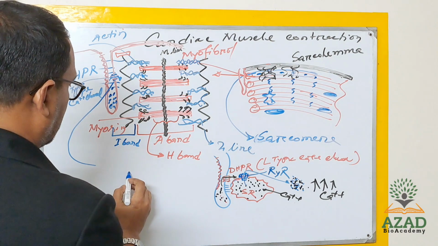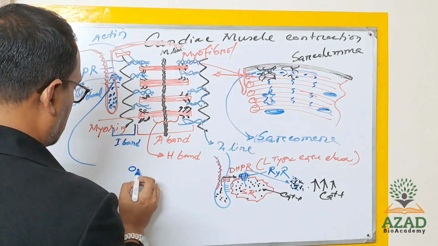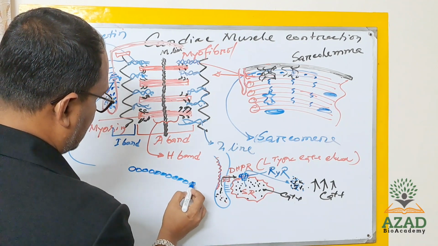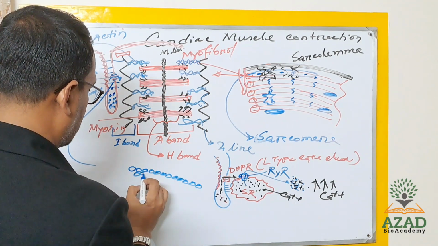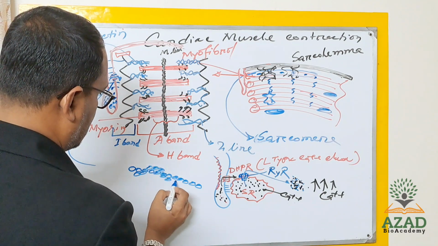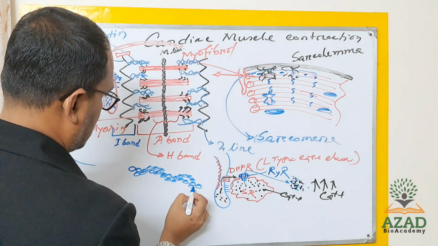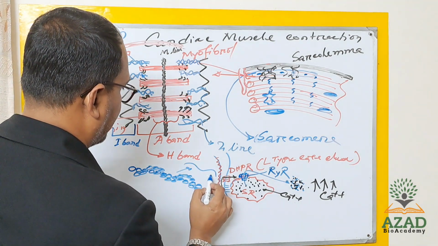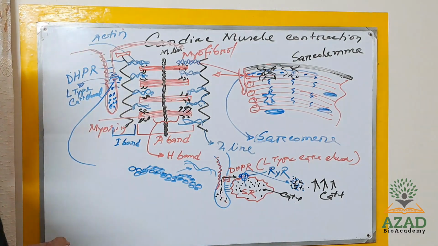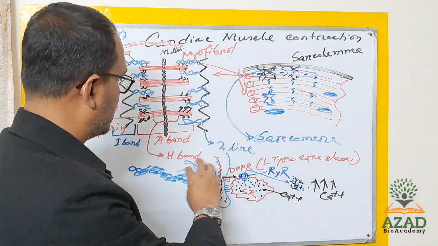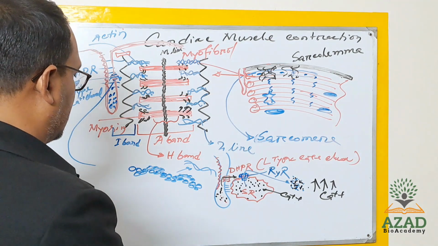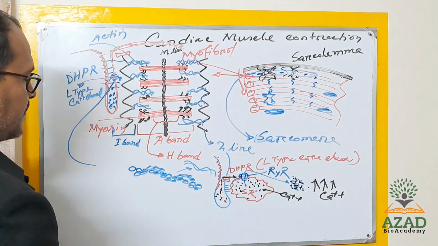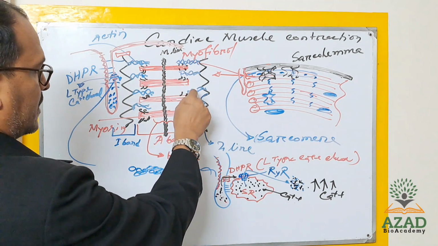Actin is basically composed of a double-strand helix-like structure, made of monomer protein. So this is actin.